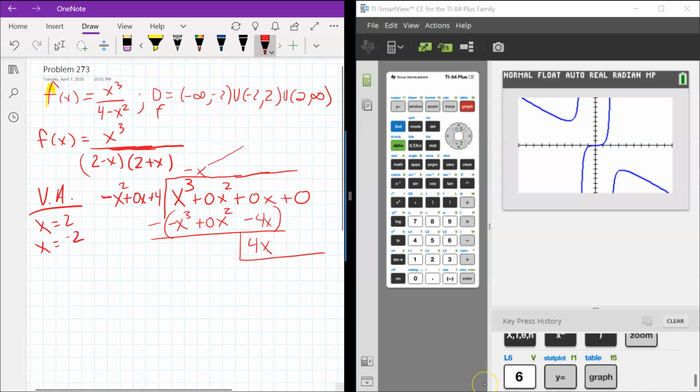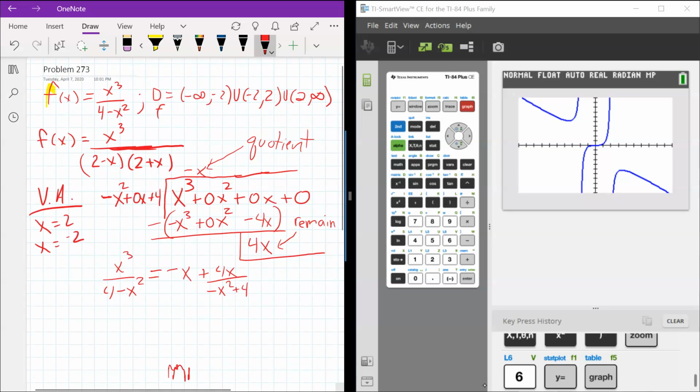And here's our quotient, and here's our remainder. So our function x cubed over 4 minus x squared could be rewritten as minus x plus 4x over minus x squared plus 4, or 4 minus x squared.